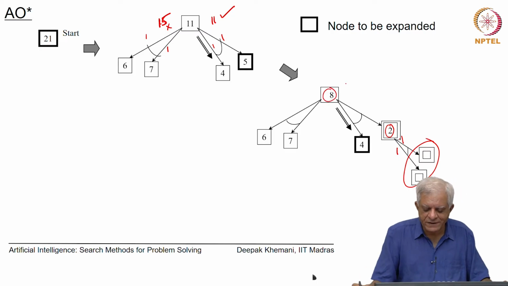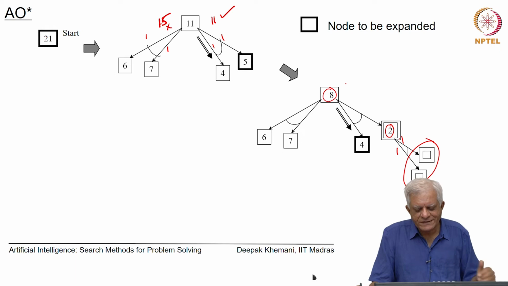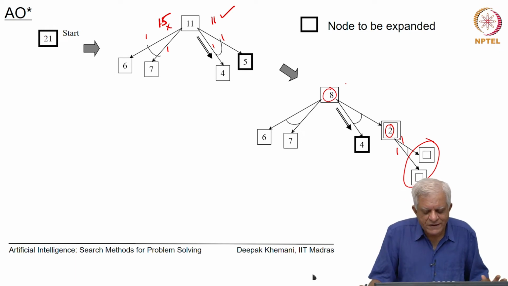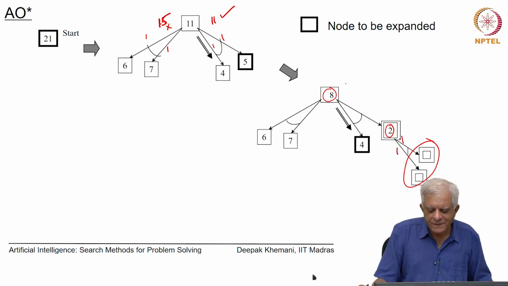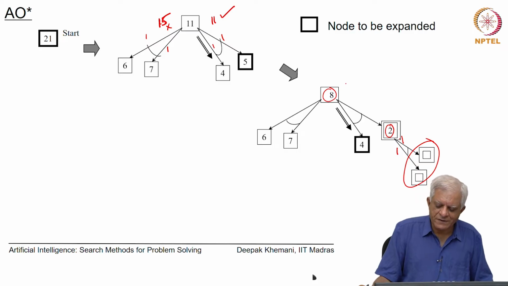It was 11 in the previous case and it is 8 now. So, you can see that the effect of overestimating is that as you refine one particular solution more and more, it becomes cheaper and cheaper, and you get more and more committed towards that.